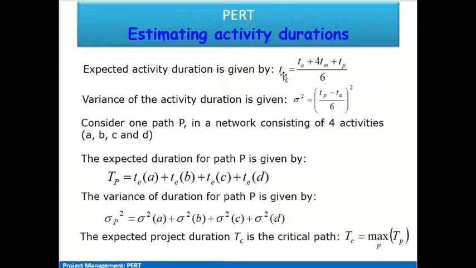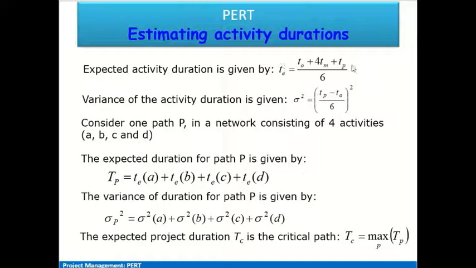That is, T estimated time duration for a particular activity is the sum of the optimistic time duration for that activity plus 4 times the most likely time duration for that activity plus the pessimistic time duration for that activity, divided by 6.